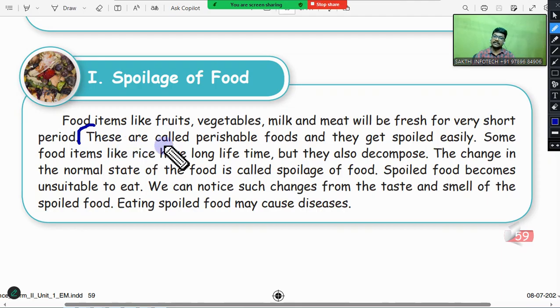These are called perishable foods and they get spoiled easily.